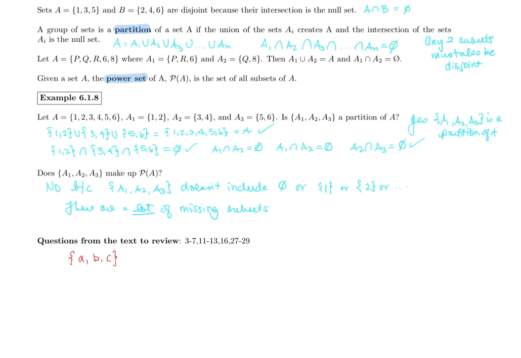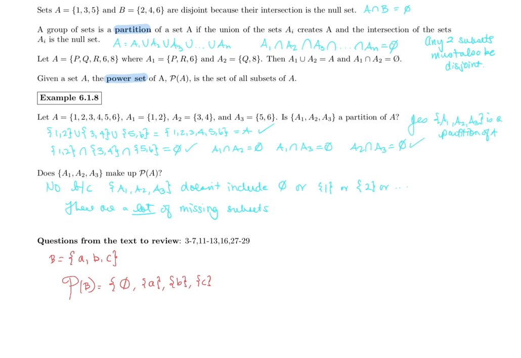Let's call this set B. The power set of B would look like the set that includes the null set, a set of just A, a set with just B, a set with just C. So those are all of the one element sets.